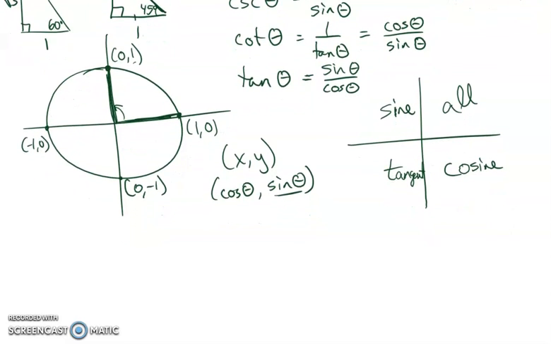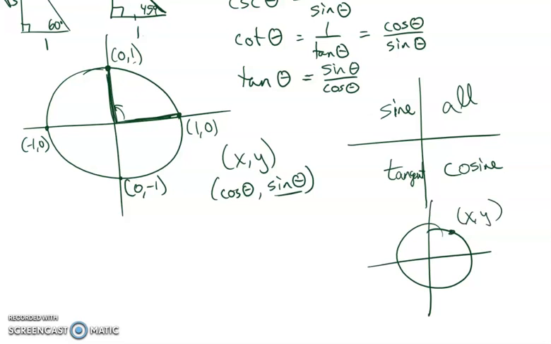Or the other thing that you can think about is just think about ordered pairs. So I draw the circle first. Okay. So if I have a point on my unit circle right here, let's call this XY. And I draw a little reference angle, okay? Both the x and the y coordinates are positive because we're in quadrant 1.